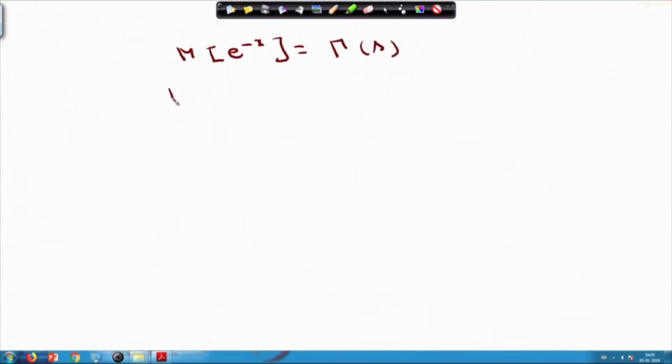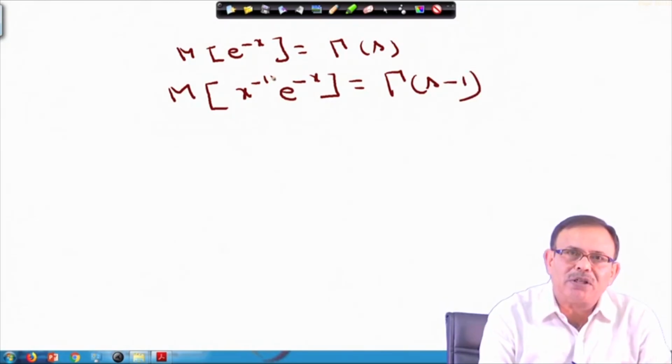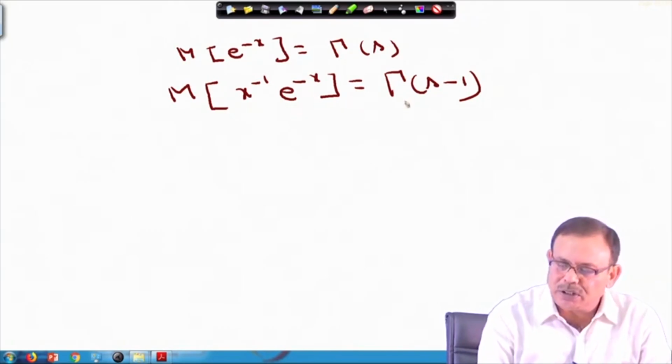So, using the shifting property, we can write the Mellin transform of x to the power minus 1 into e power minus x as gamma s minus 1. Since I know the Mellin transform of e power minus x is gamma s, using the shifting property we can tell that the Mellin transform of x to the power minus 1 e power minus x is nothing but gamma s minus 1.